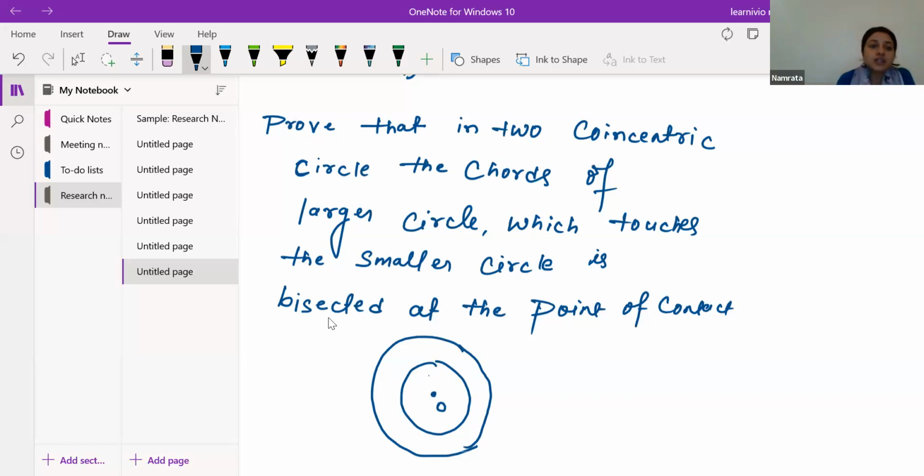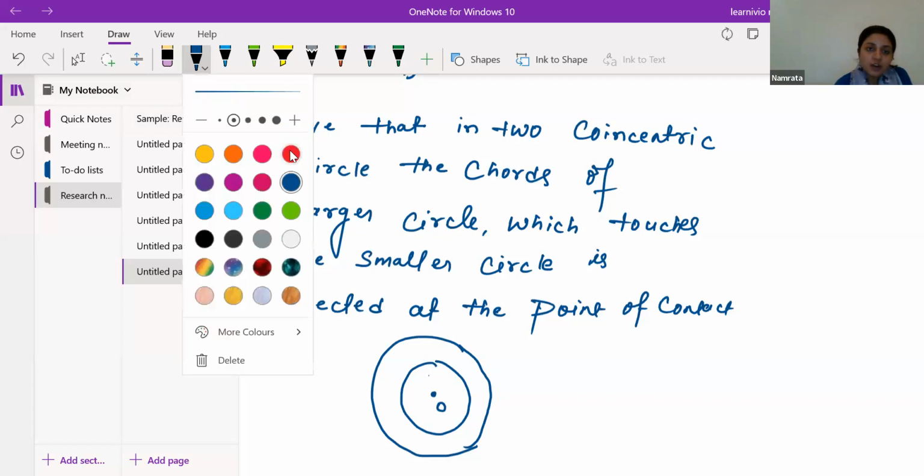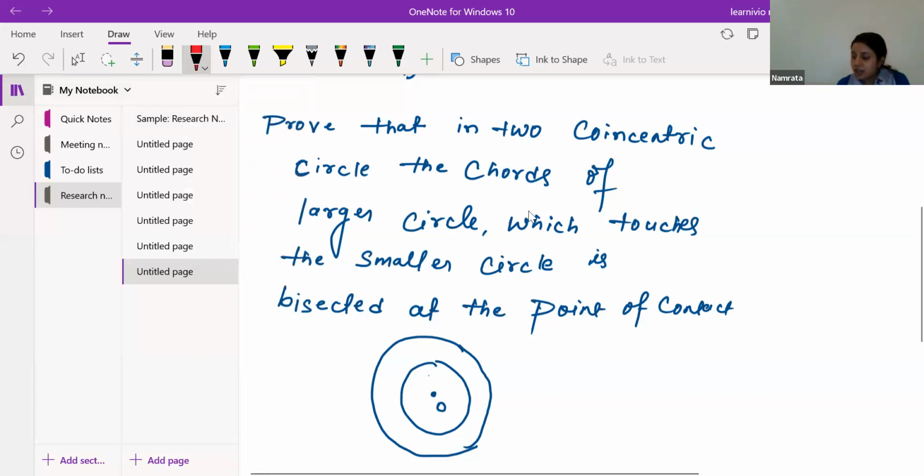So the chord of the larger circle, we will be drawing the chord like this. Here, this is the point of contact.